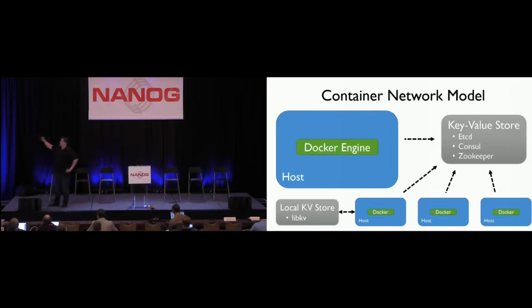So in the container networking model, Docker decided to use something called a key value store. A key value store allows you to store network information, both for networks and for containers. Now, imagine that you have a definition for a network, and you want that definition to be consistent across multiple hosts.